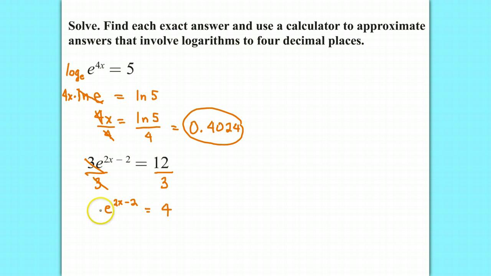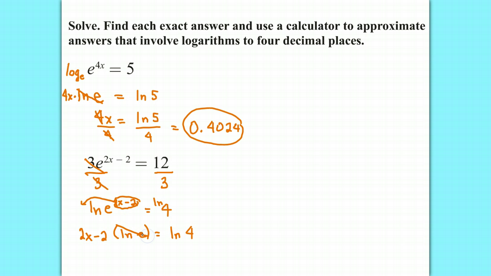And now you can go ahead and apply the natural log to both sides. And then I will also bring that 2x minus 2 out front. So you have 2x minus 2 times the natural log of e equals the natural log of 4.